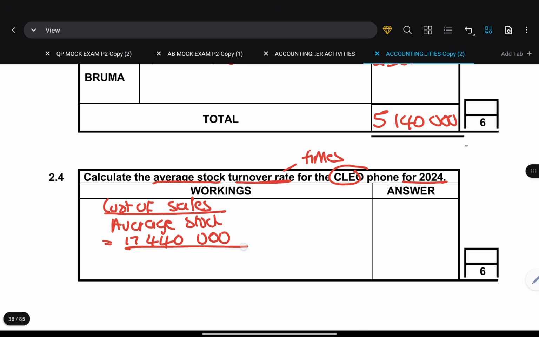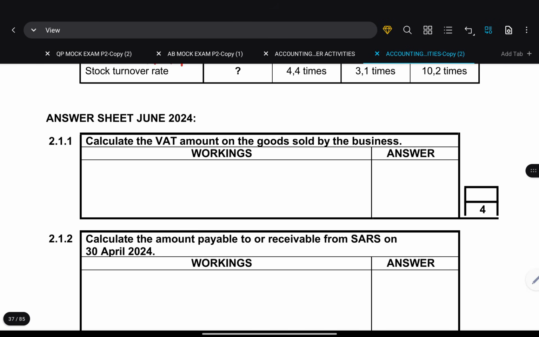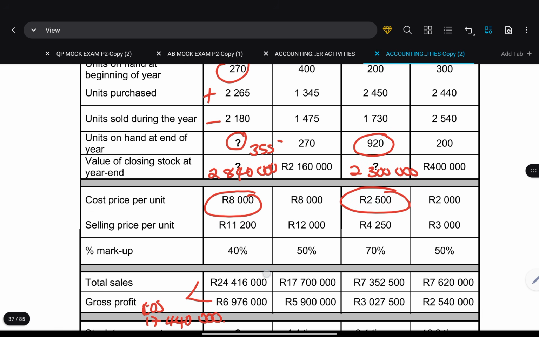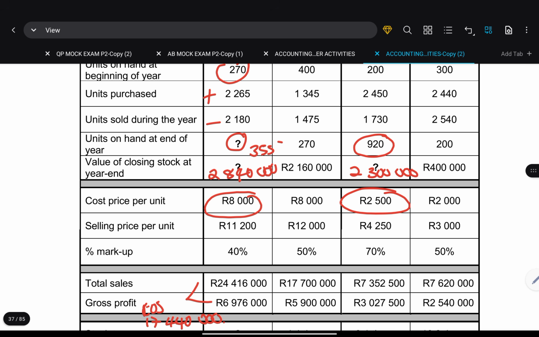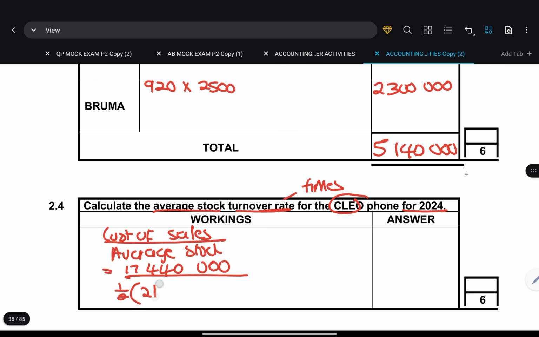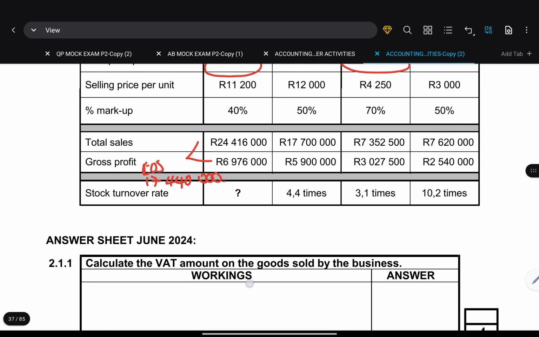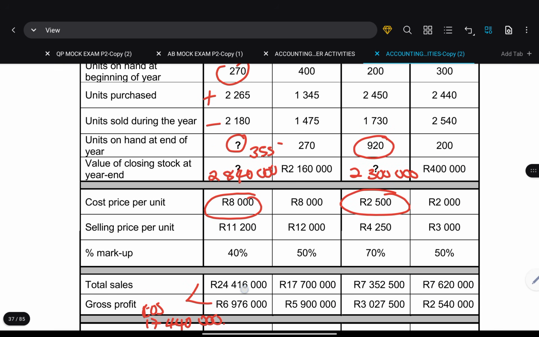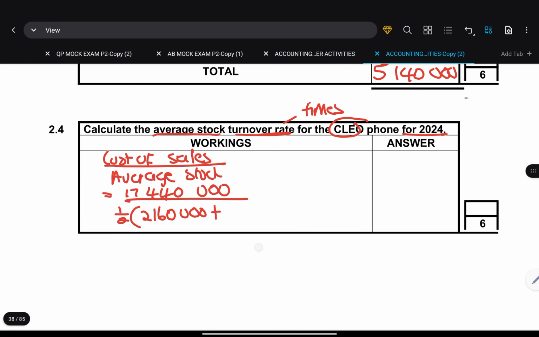So we'd say 17,440,000 divided by 1 over 2 into, we need to check what was the closing stock for Clio from the term before. Last year, the value of closing stock for Clio was 2,160,000, and then we say plus, for this year, the value of Clio is 2,840,000.